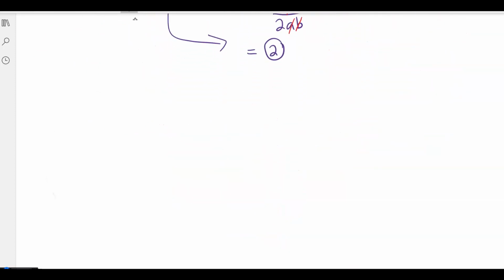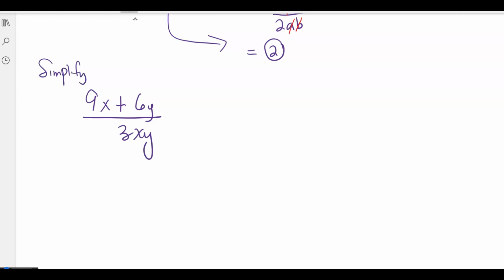Next, we have a situation right here where we are dividing 9x plus 6y divided by 3xy. So whenever you're asked to divide or simplify here, if you are dividing by a monomial, meaning one term, here is the process.